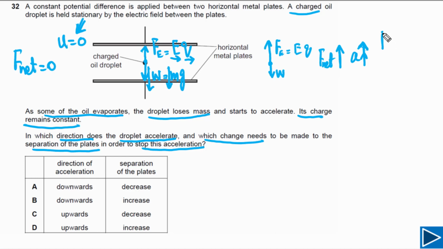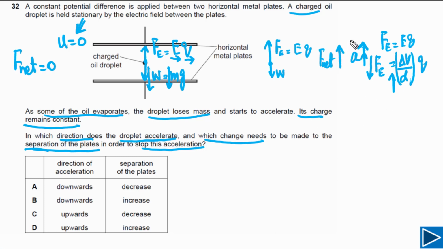But if you look at the electrical force now, Fe is equal to Eq, and E is equal to delta V, the potential difference between the plates, divided by d, the separation between the plates. If we want to decrease the electrical force, then if we increase d, the electrical force will decrease. So we need to increase the separation.